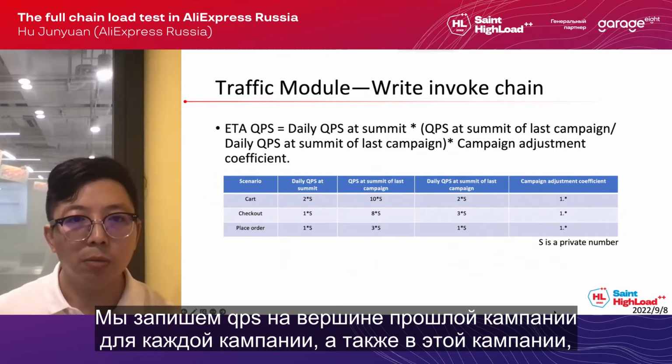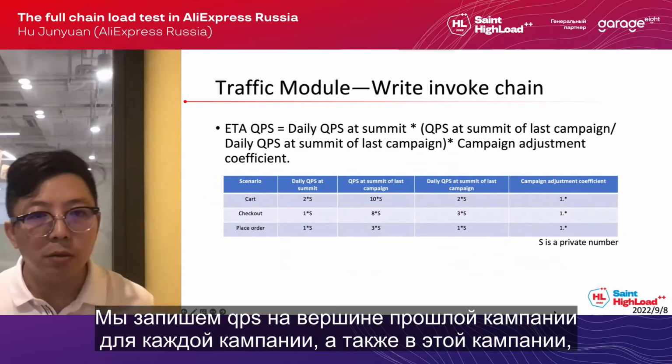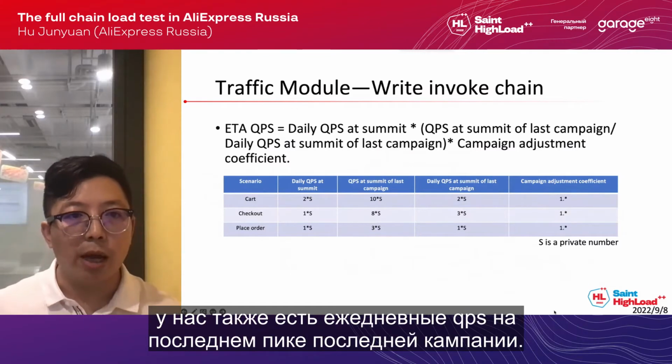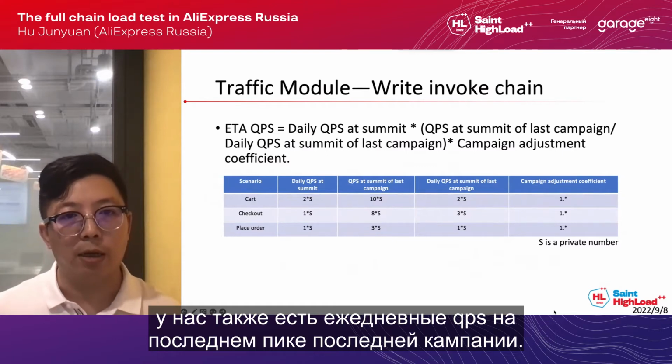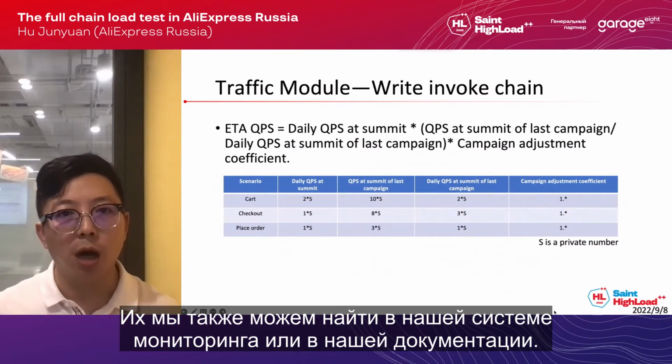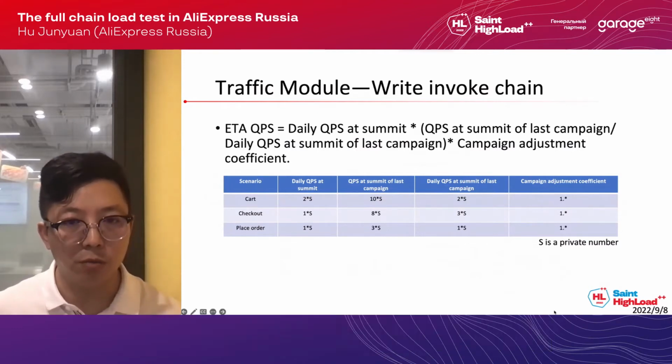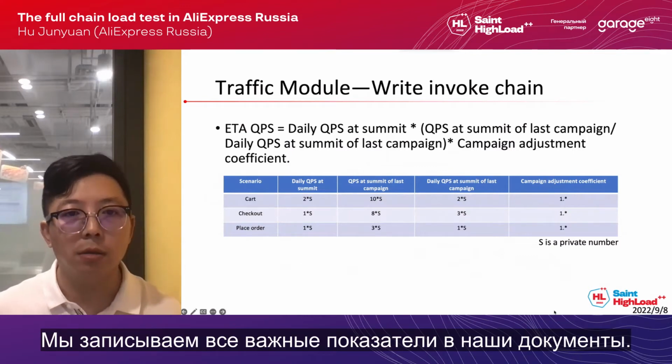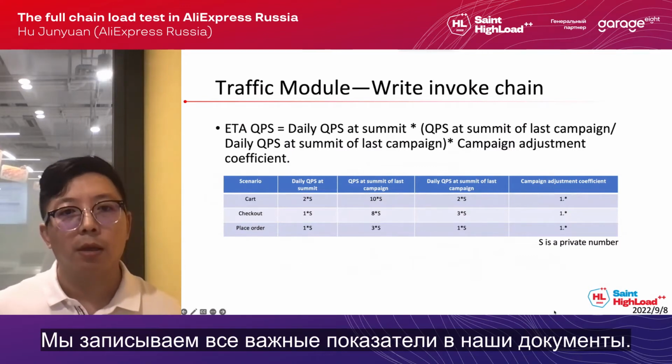And also we have the daily QPS at the summit of the last campaign. We can find it in our monitoring system or in our document accumulations. We record all these important indicators in our documents.